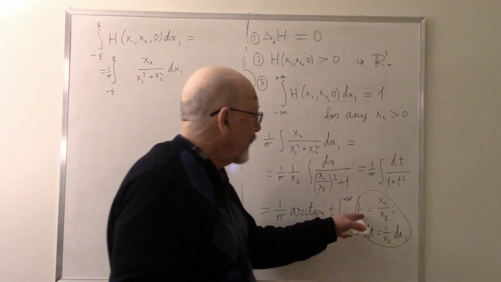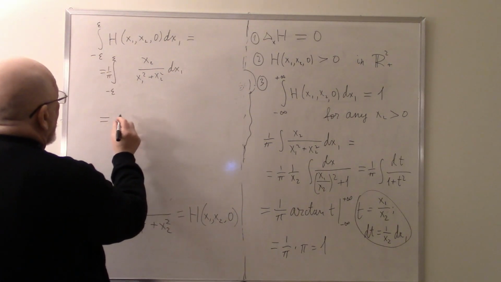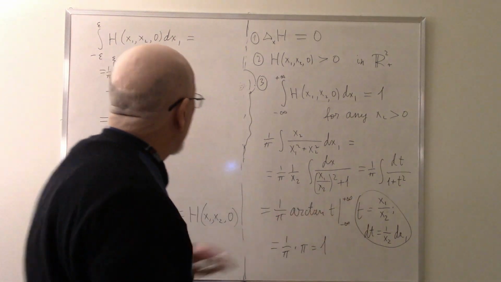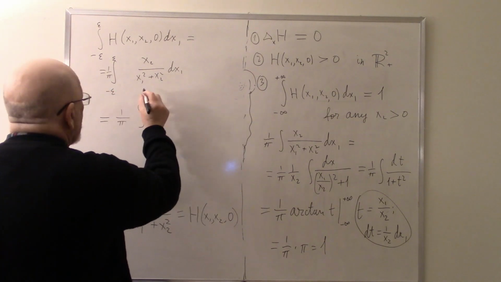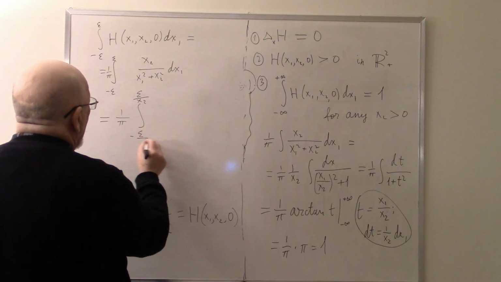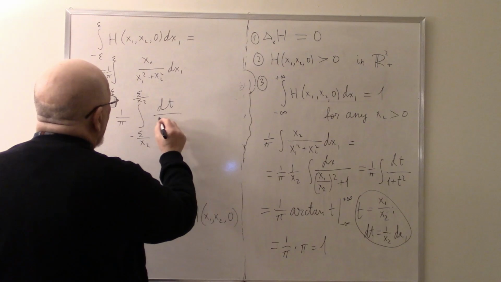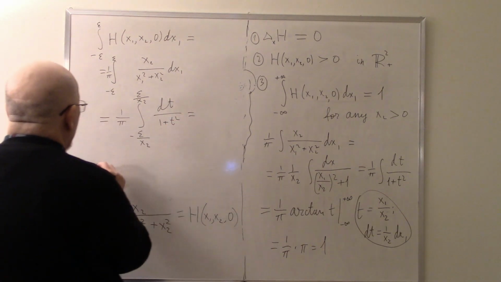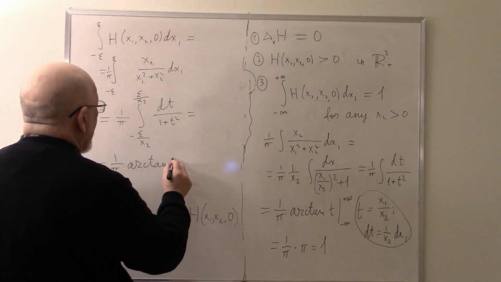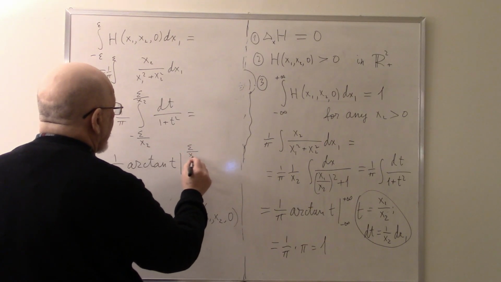And now if you take t equals x1 over x2, it equals 1 over pi integral dt over 1 plus t square from minus epsilon over x2 to epsilon over x2, which is 1 over pi arctangent t from minus epsilon over x2 to epsilon over x2.